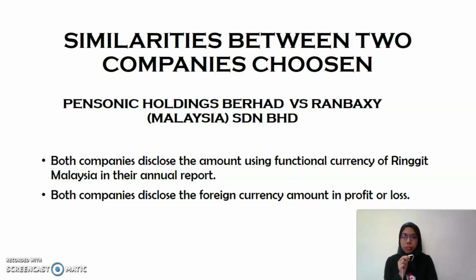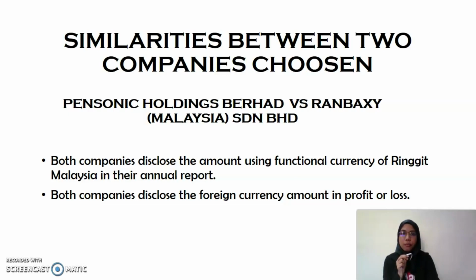As for these two standards, both companies disclose the amount using the functional currency of ringgit in their annual report, and both disclose the foreign currency amount in profit or loss.